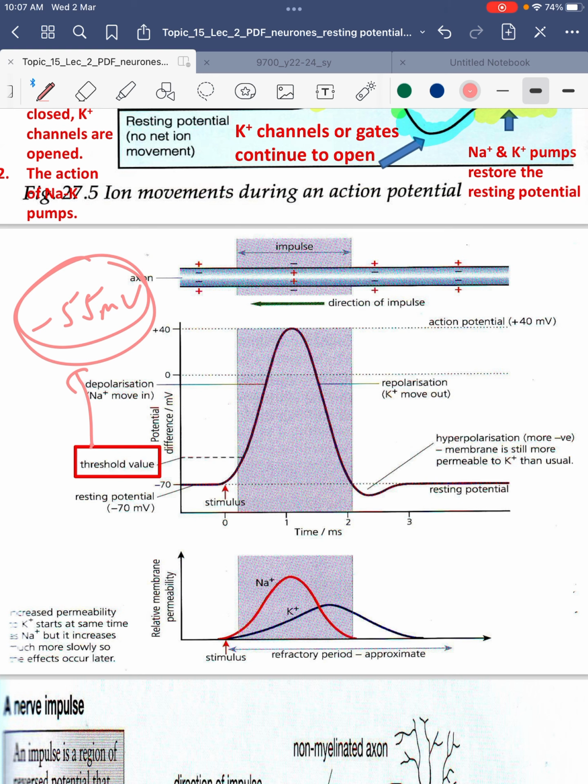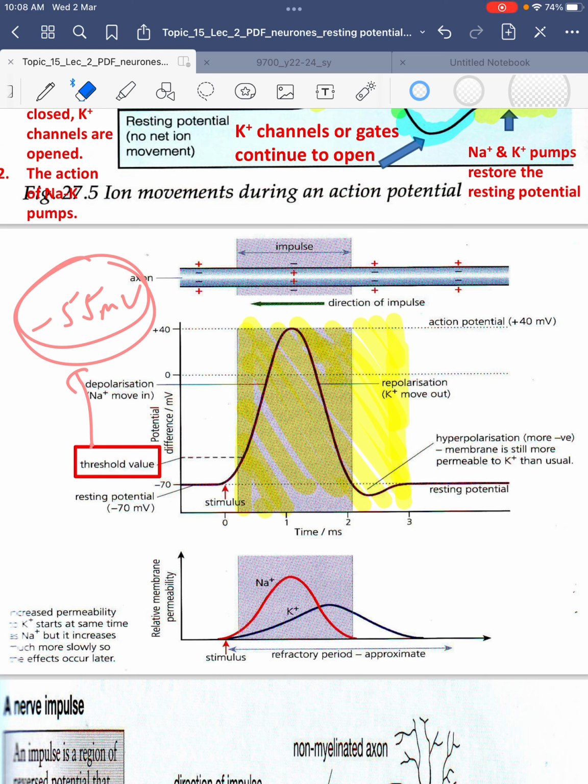So from the onset of the threshold value here, this is the refractory period until it goes back to normal, meaning this is about the resting potential, slightly around that region there.